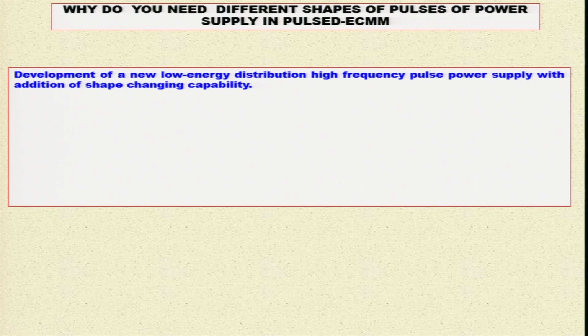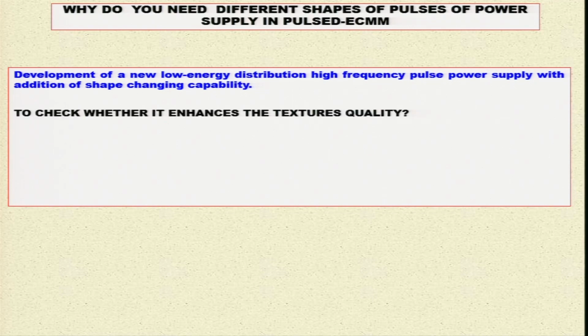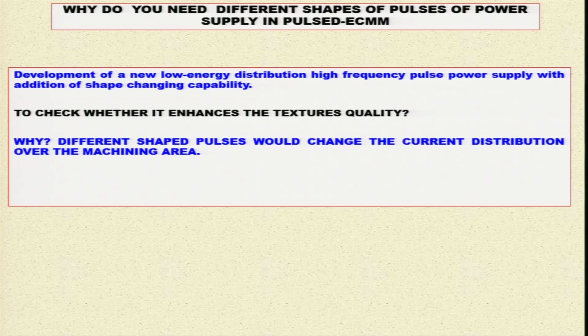Development of a new low energy distribution high frequency pulse power supply with the addition of shape changing capability, to check whether it enhances the texture's quality, because the quality of the texture is very important, as the performance of the textured surface will depend upon the quality of the texture. Why?